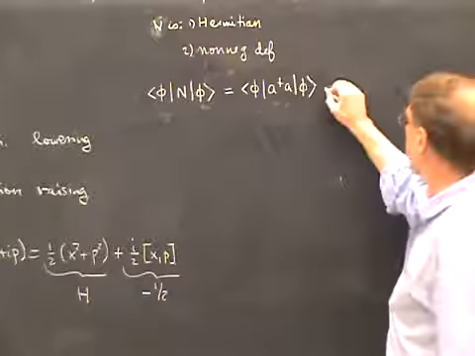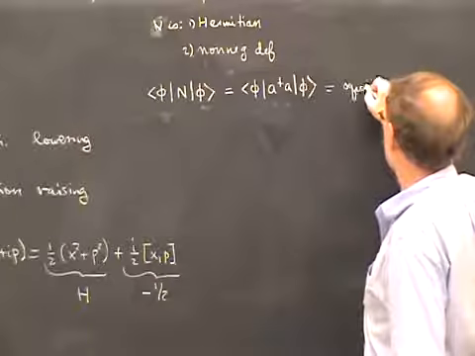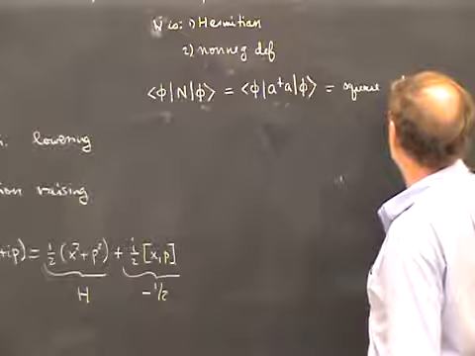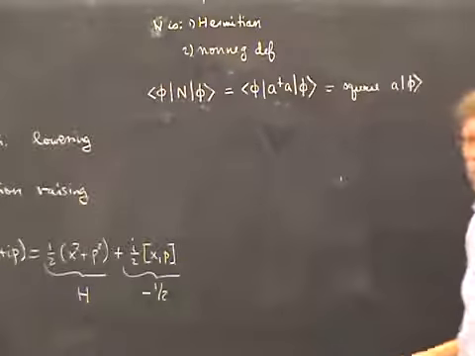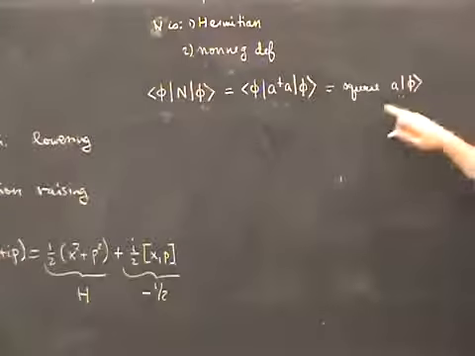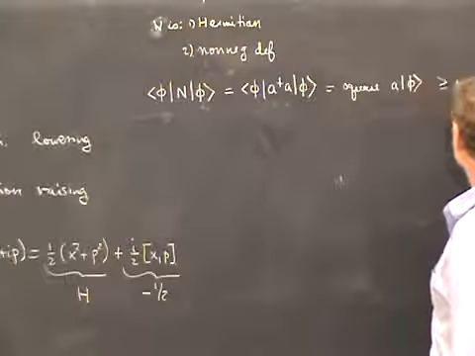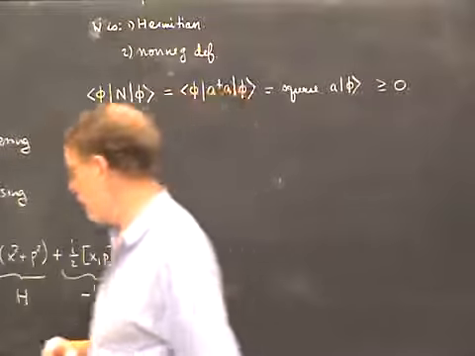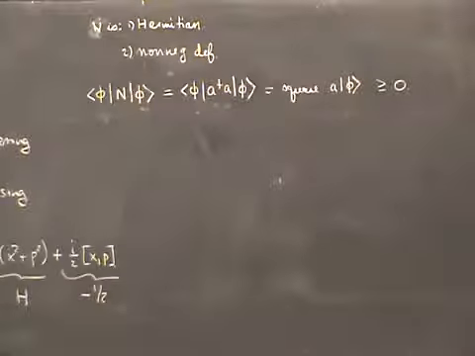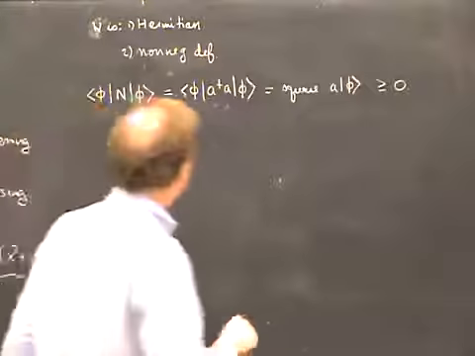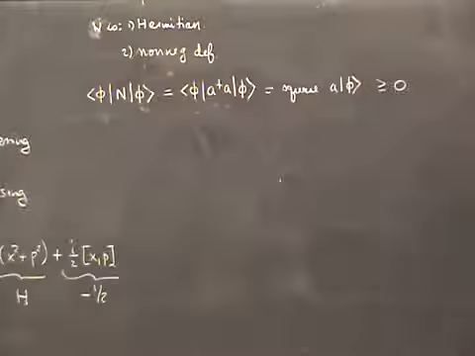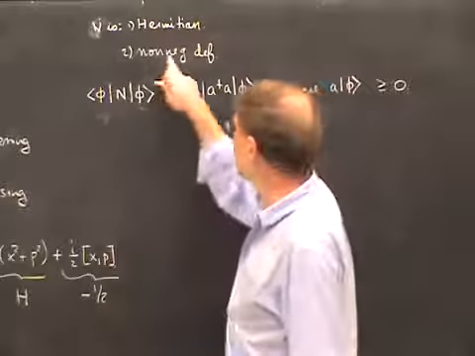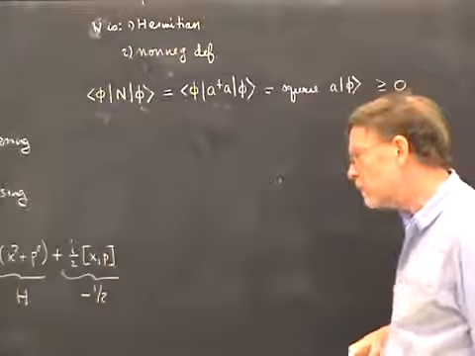This, however, is the square of the state A phi. And the square of a state is greater than or equal to 0 because that's one of the postulates of the vectors in Hilbert space. It's part of the definition of the Hilbert space, as a matter of fact. All right, so it's non-negative definite.